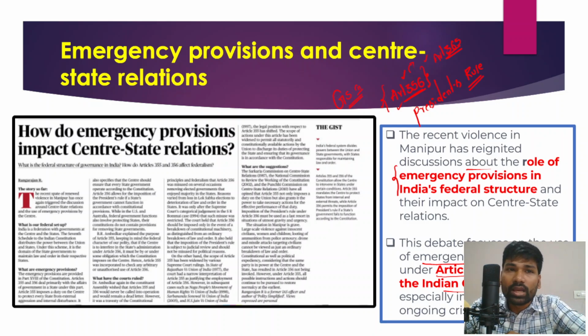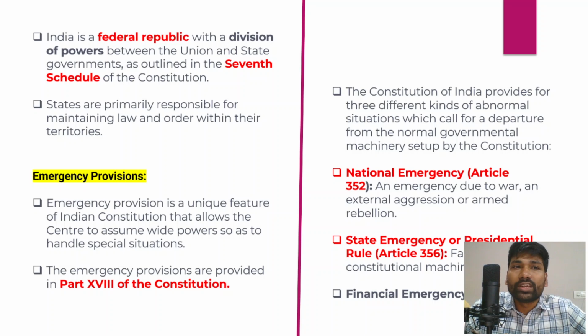of Manipur. First and foremost, we need to understand, we all know that India is a federal republic, or we have a federation which has provided a strong center, right? So the balance of power leaned towards the center in the federation.